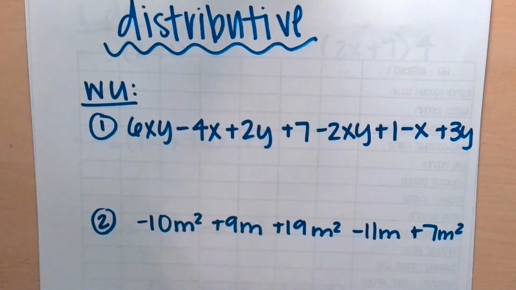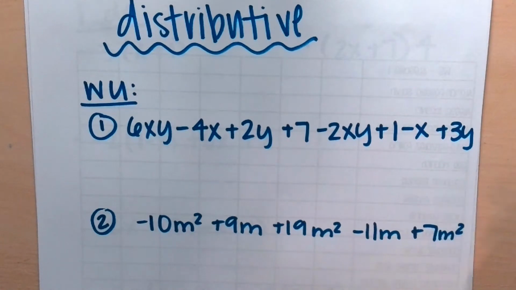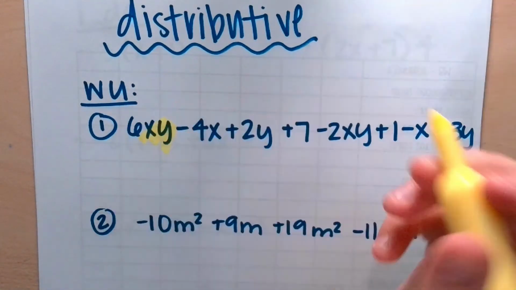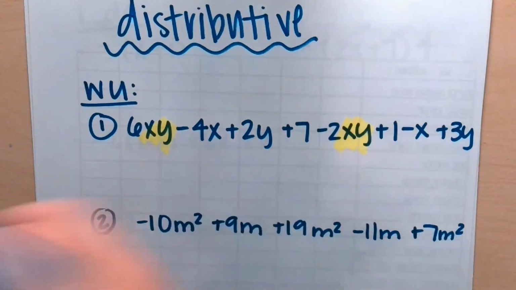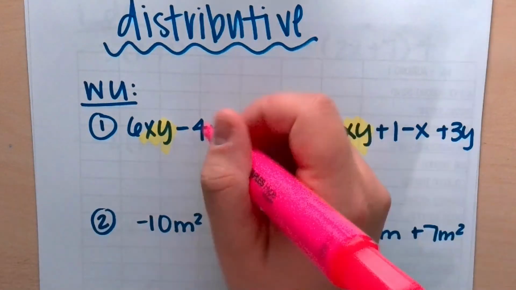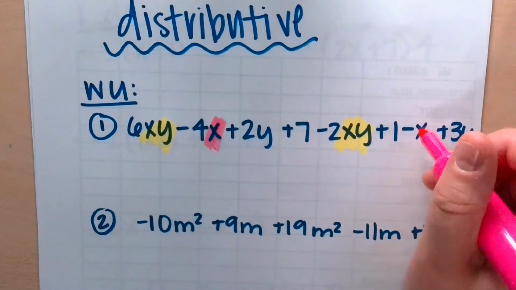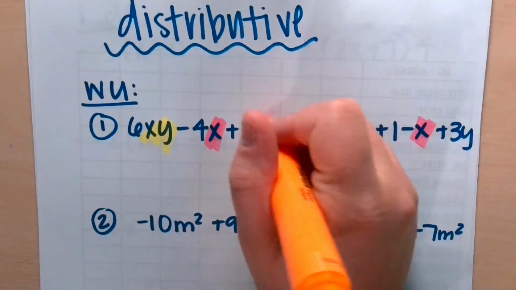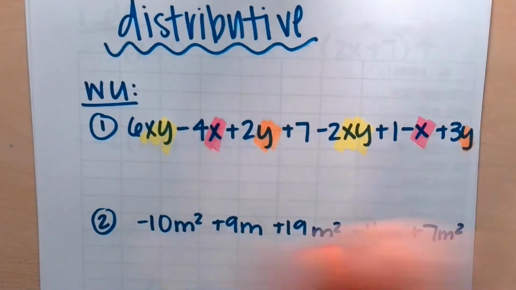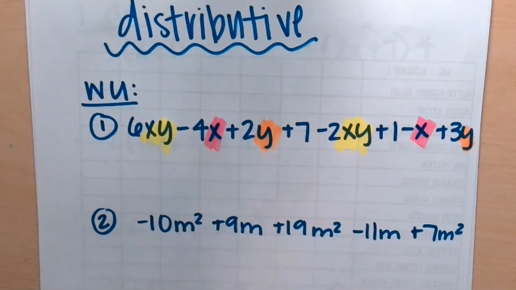Alright, so as you know, I love my colors, right? So I like to color code my like terms. Blue probably would not be the best color to use on the blue. So I'm going to highlight all of my X's, my Y's, and then lastly all of my constants.